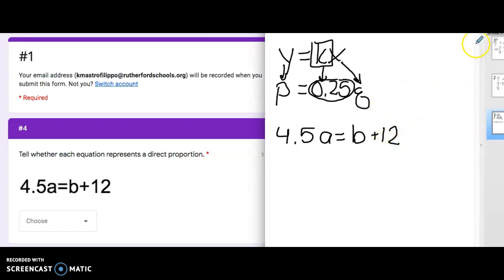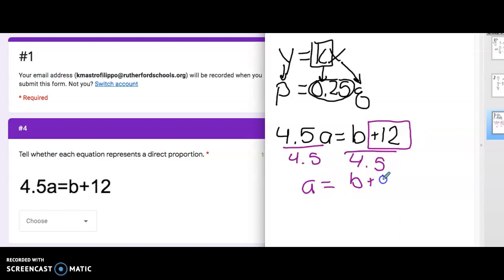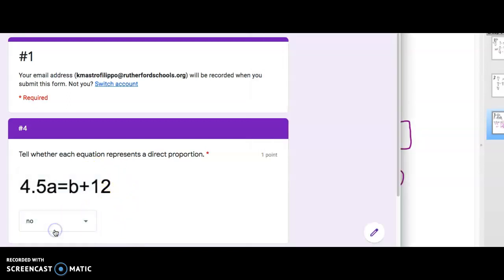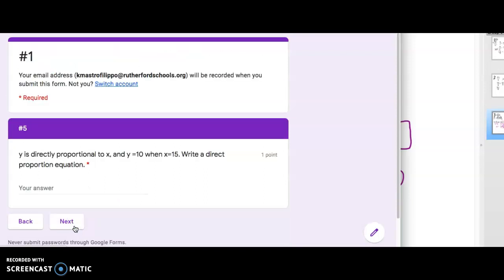Now, anytime I have plus a normal number, this is no good, because even if I get this a by itself, if I divided by 4.5 on both sides, I would have a equals b plus 12 over 4.5. This is no good. I never want this plus anything. So right away, as soon as I saw that plus 12, I can say no and move on.